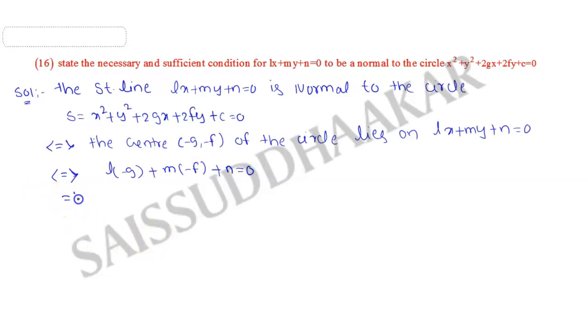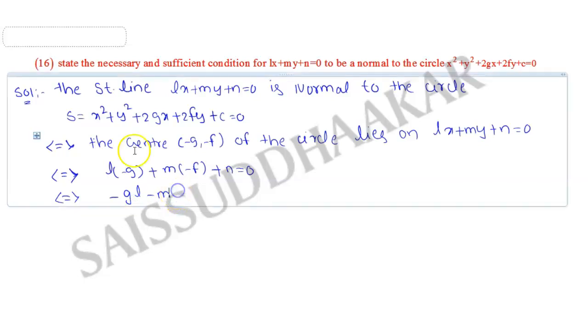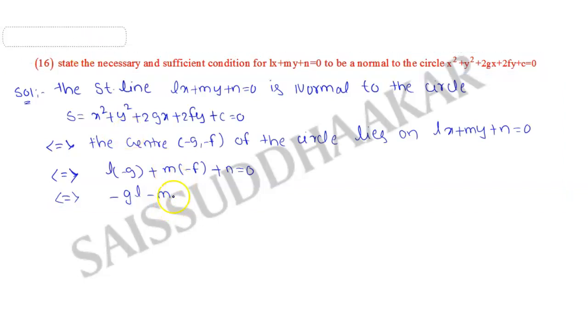So again, if and only if minus gl minus mf plus n is equal to 0. Again if and only if Lg plus mf is equal to n. This is the condition for this answer.